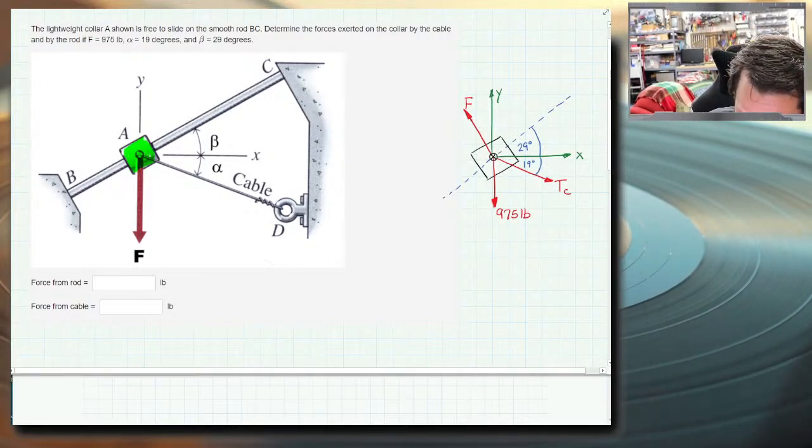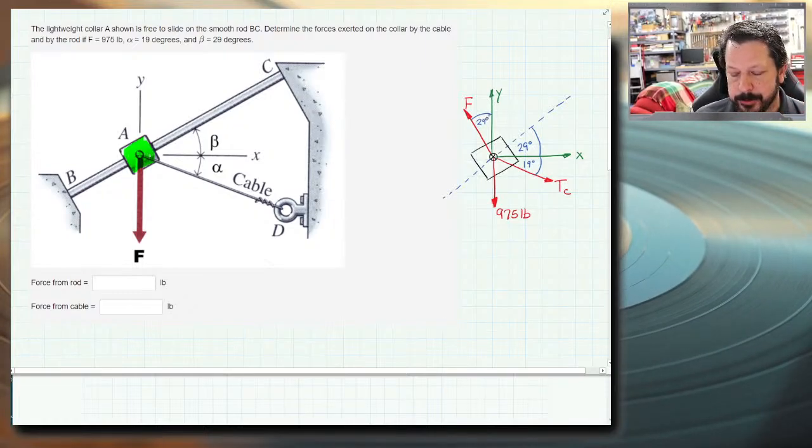So right here. Remember, there's 90 degrees between two perpendicular lines, so I just measure from the y-axis if I measured the other one from the x-axis. All right, so that's my little free body diagram.